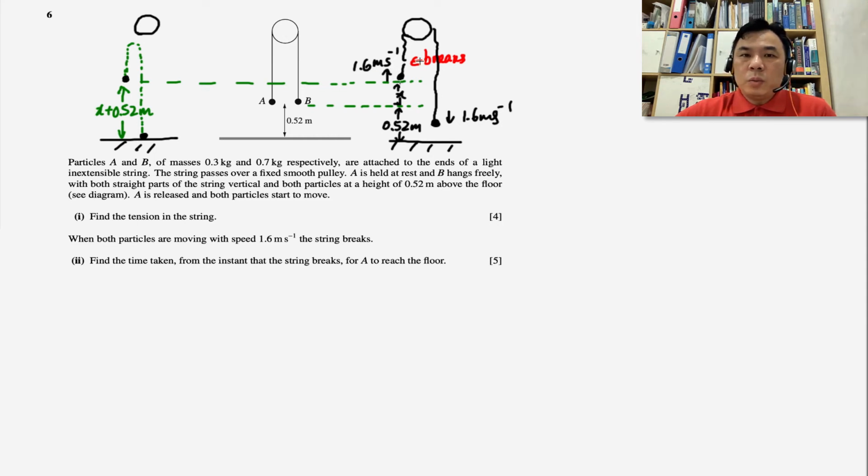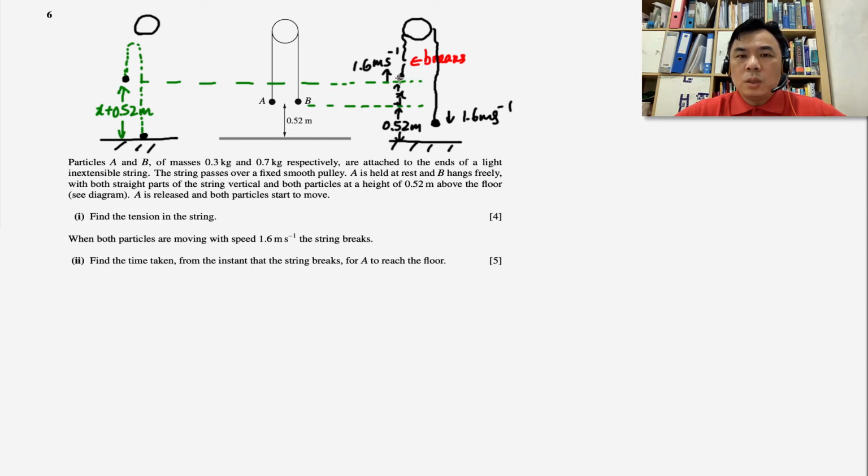That is the moment when the string starts to break. At that point, the speed of B is also 1.6 meters per second. Here I'm labeling the distance that particle A moves from its initial position to the position when the string starts to break as x.